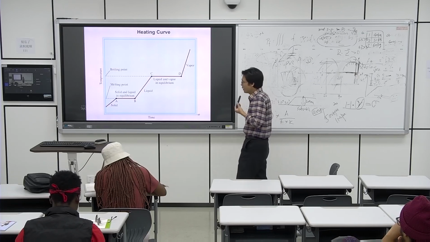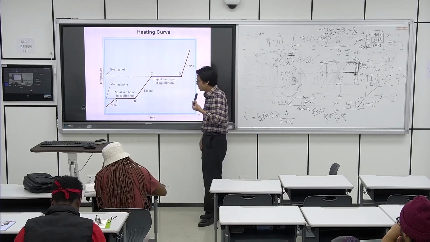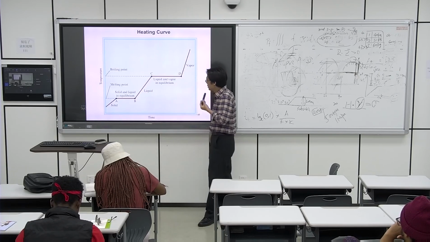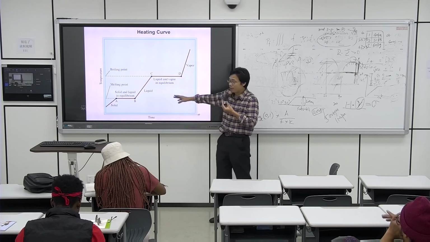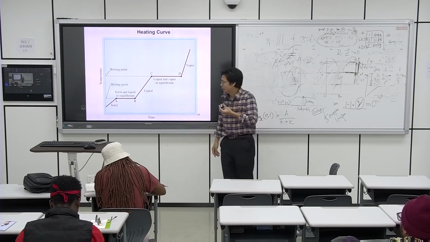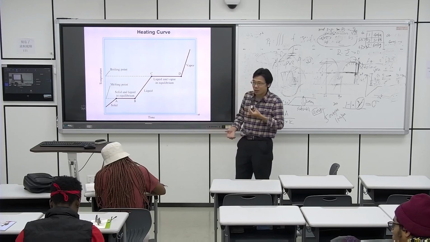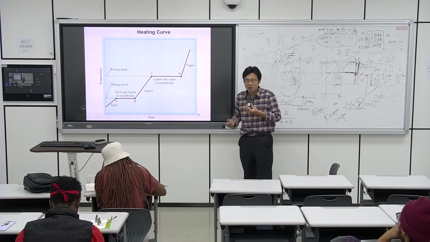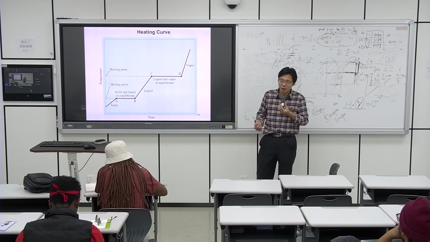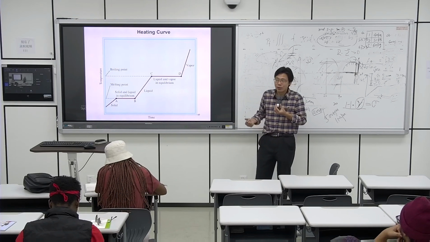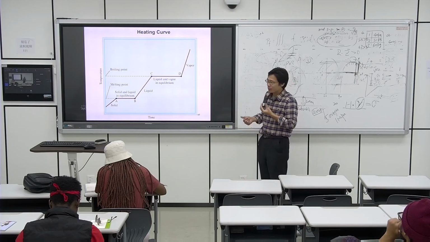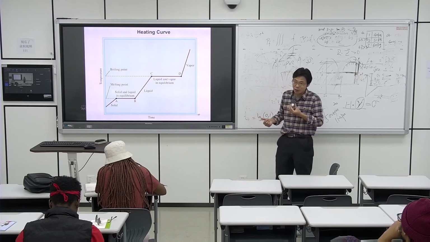From here we can see that at different times the temperature may show different situations. When the substance is pure solid or pure liquid or pure gas, its temperature will increase.